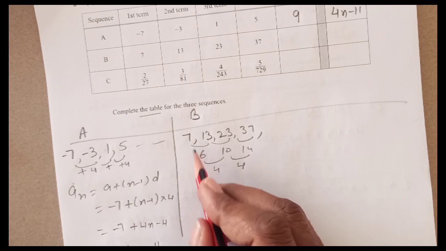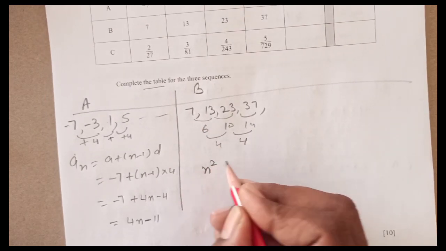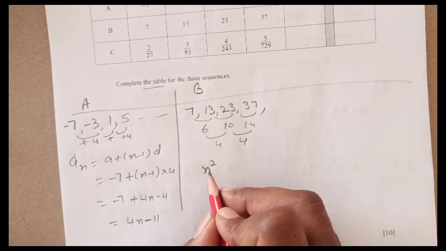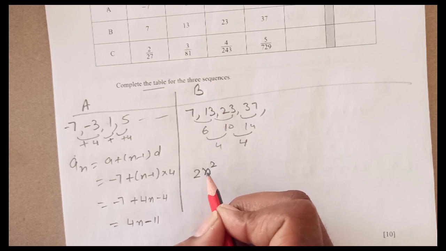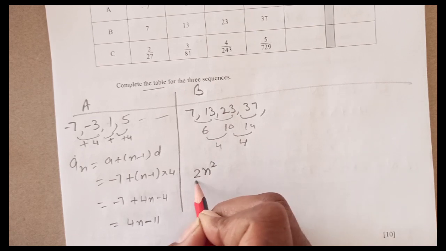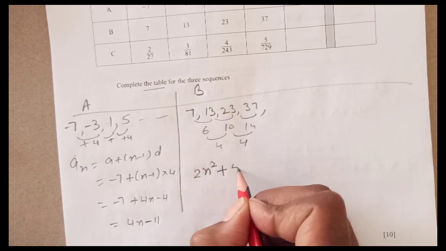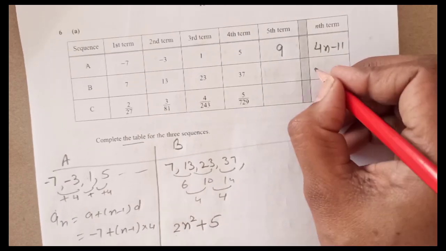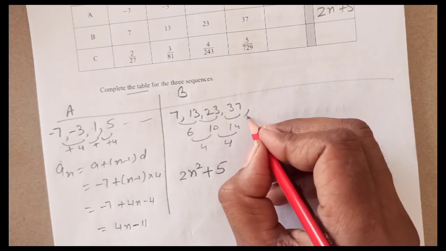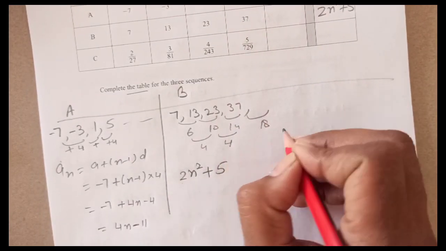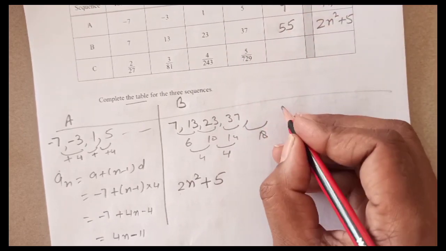So that means after 2 steps we are getting that, so that will give us n squared terms. 1 squared is 1, so if we take 2n squared, it's going to give us 1 squared times 2, which is 2, but we need here 7, so plus 5, right? So 2n squared plus 5. Here, if you see, next we are going to add 18. So 37 plus 18 gives you 55, right?